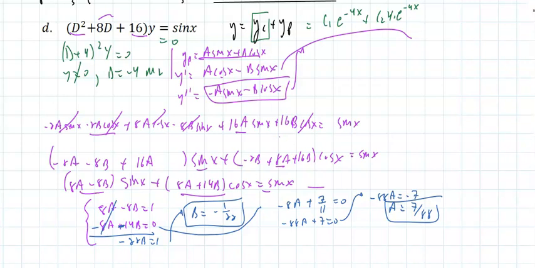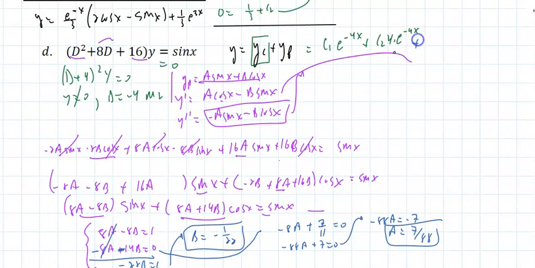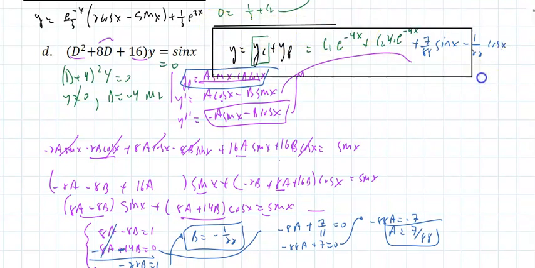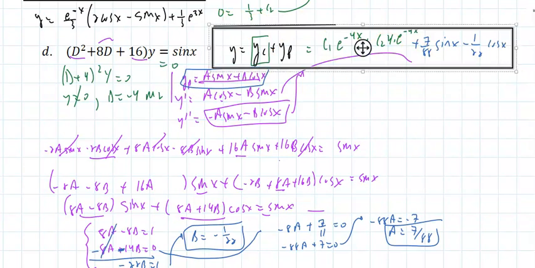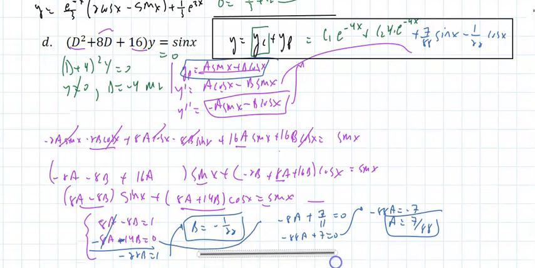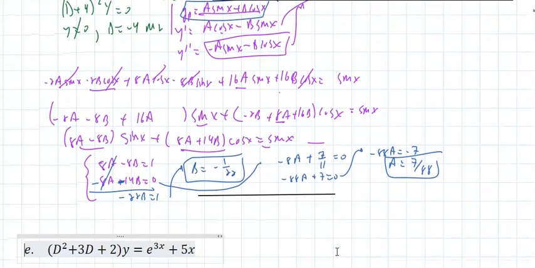So when you get to this solution, there's the solution. A is 7 over 88, the sine of x, and B is 1 over 22, the cosine of x, and that would be my, again, this is the least amount of work I could do unless the problem says list the form of the particular solution, do not evaluate the constants.